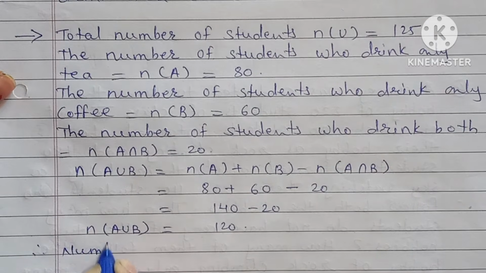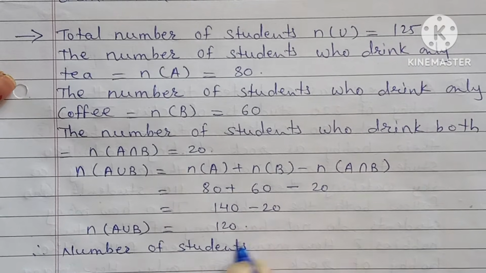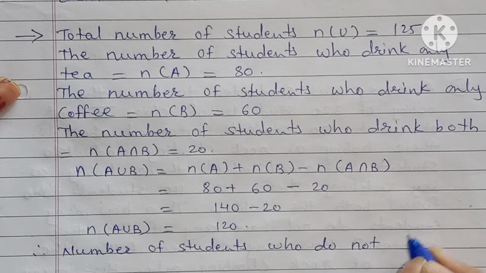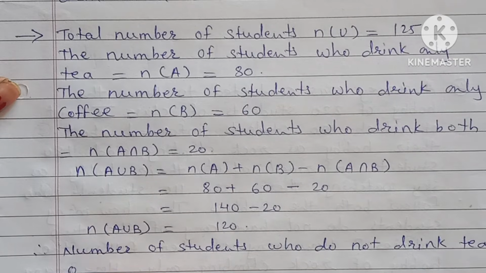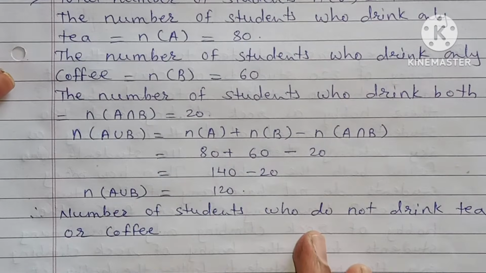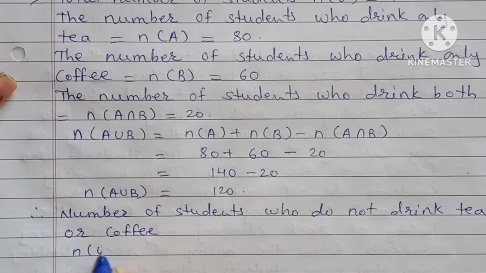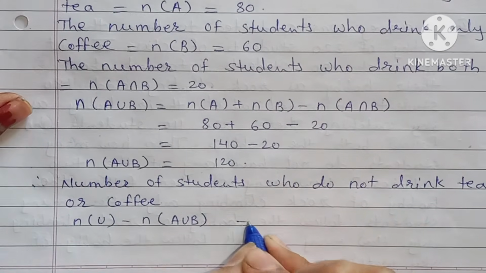Therefore, the number of students who do not drink tea or coffee means n of U minus n of A union B. n of U is how much?